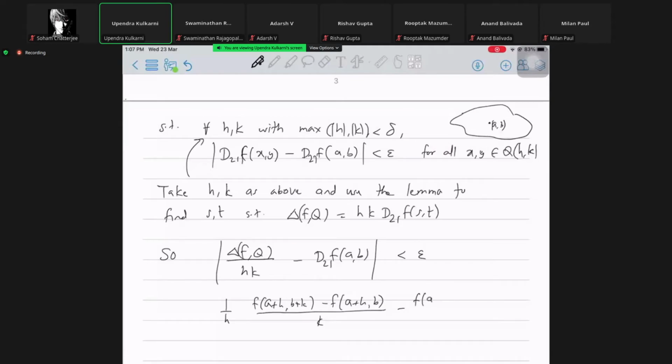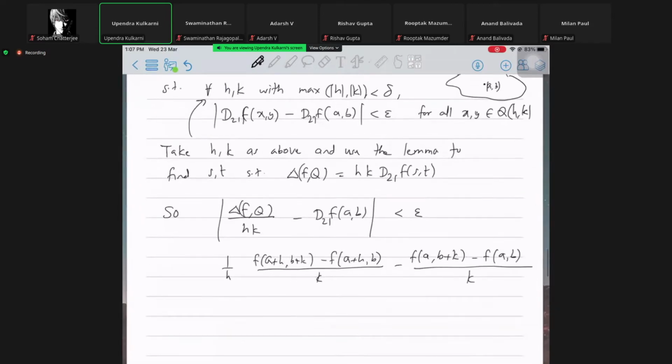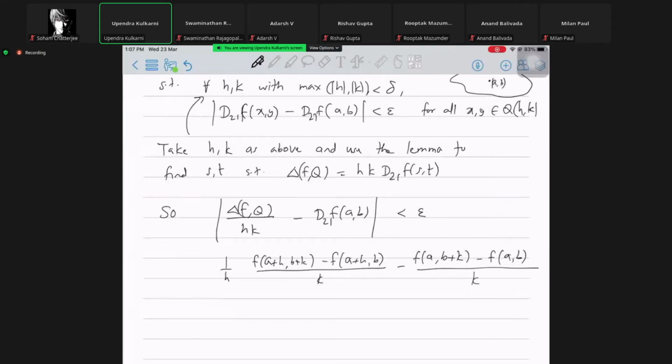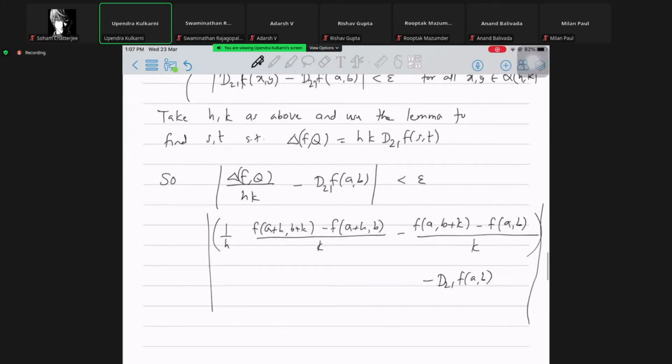And all of this minus D21 f(A, B), this is less than epsilon.